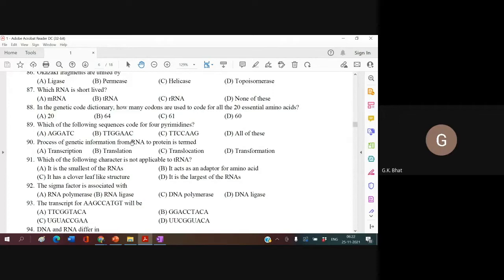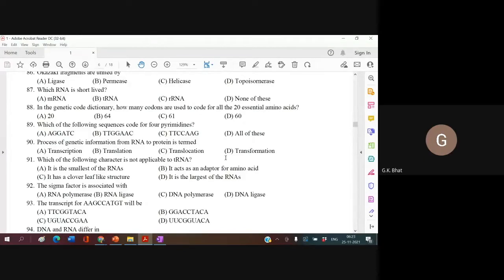89. Which of the following sequences code for 4 pyrimidines? Which are the pyrimidines? Cytosine and thymine.